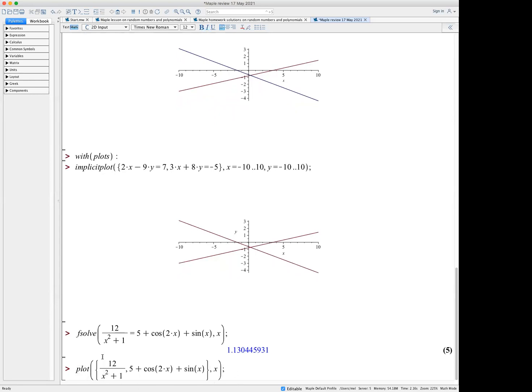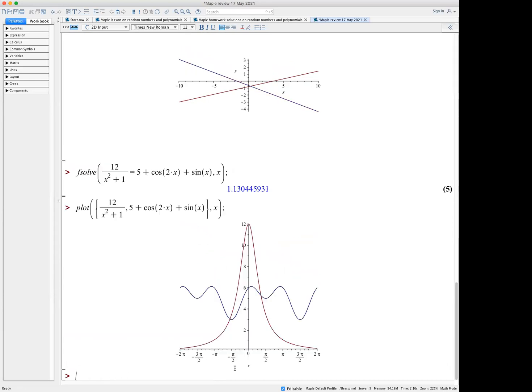So I'm going to graph 12 over x squared plus 1, and I'm going to graph this. And when I graph it, it looks like there are two solutions. See, the red curve is 12 over x squared plus 1, and the blue curve is this trigonometric expression. And they cross here and here. And fsolve only gave me one answer, 1.1.